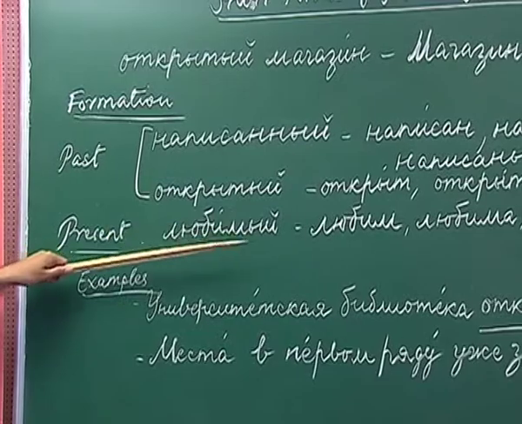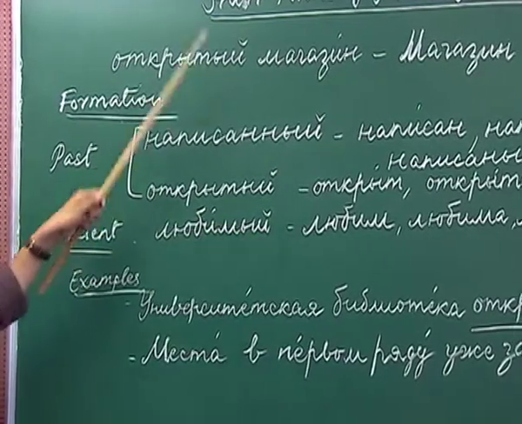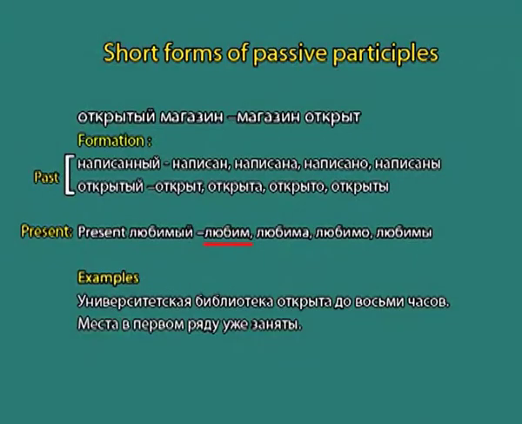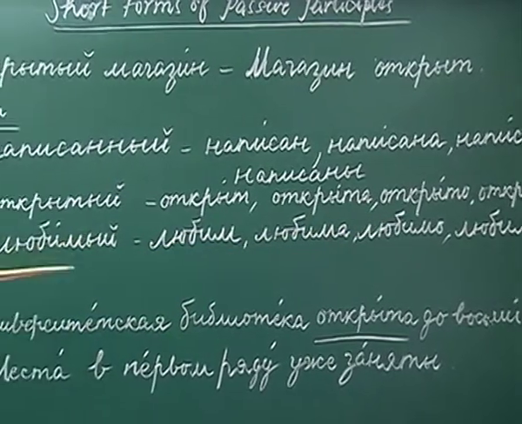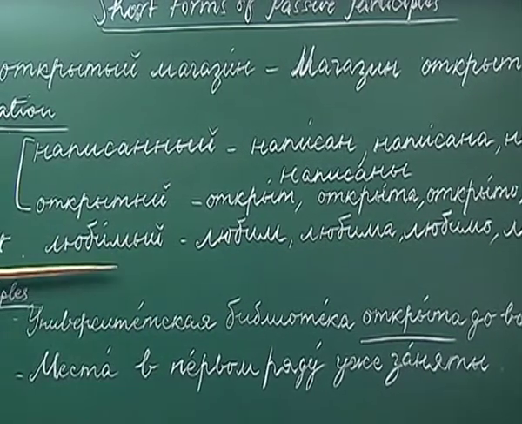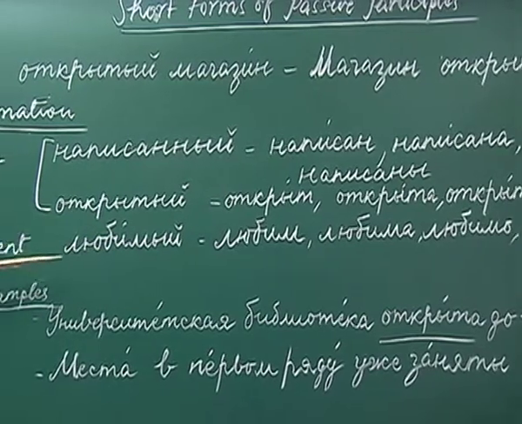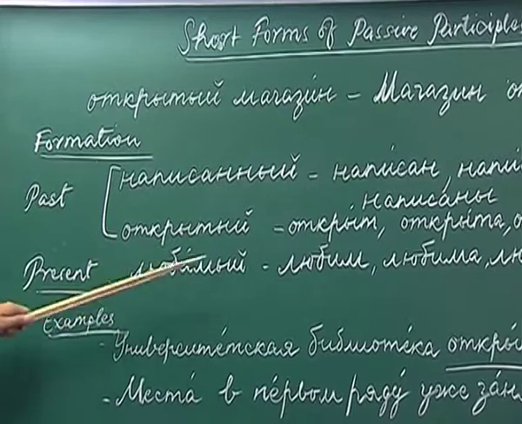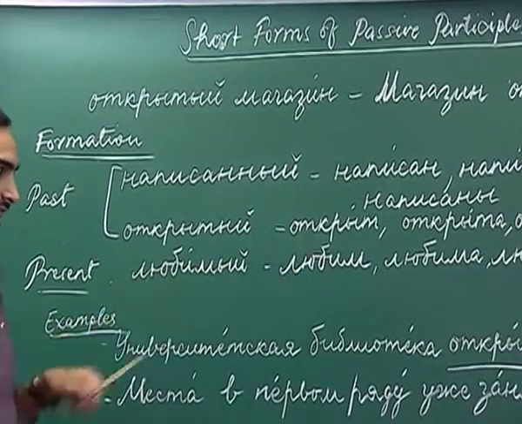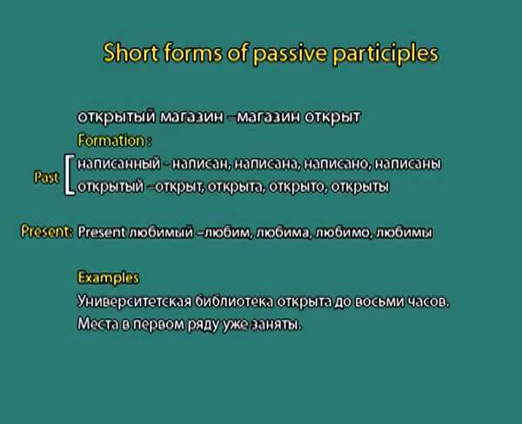From present participle passives also short forms are derived: любим, любима, любимо and любимы. These are four forms, although we must mention that the short forms from the present participle passive are very rarely used. Let us discuss some examples.